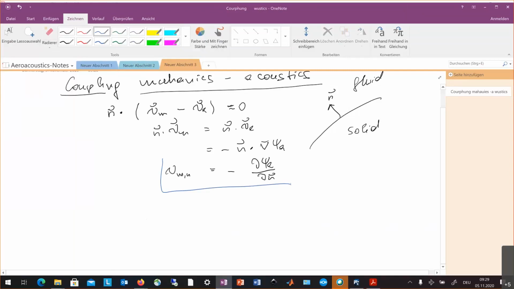It's not as easy. There would be the second interpretation. I don't know if Stefan already told or we will come to it a little bit later. There is also a relation between this scalar potential and the scalar potential of the flow when you have an incompressible flow.